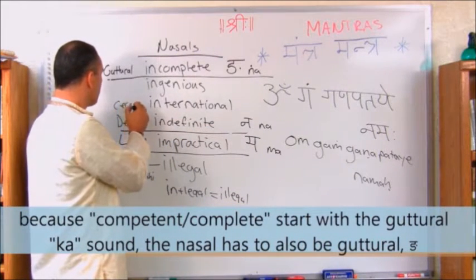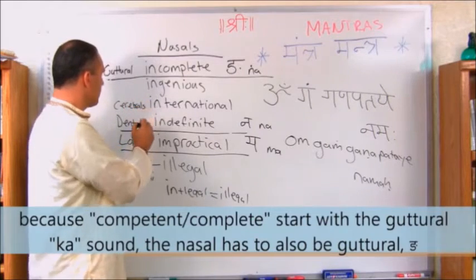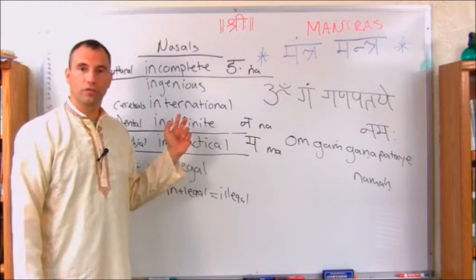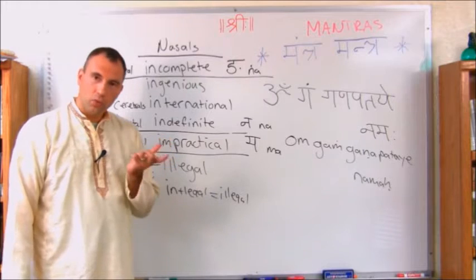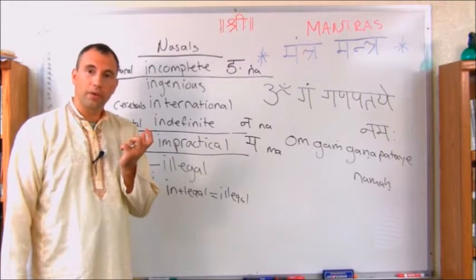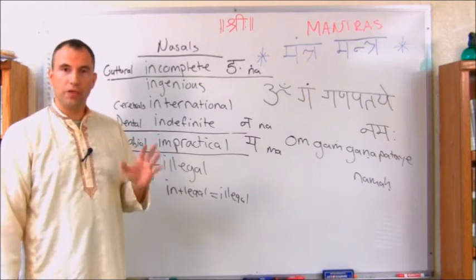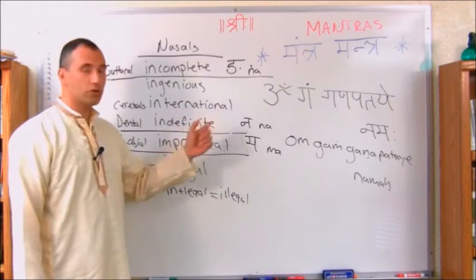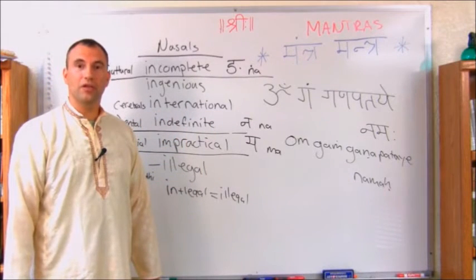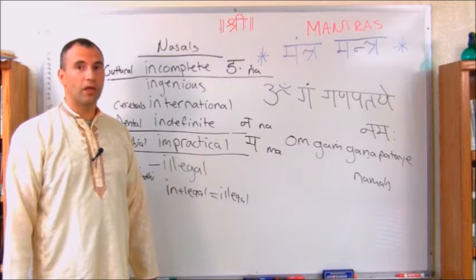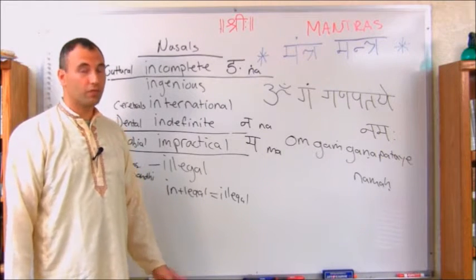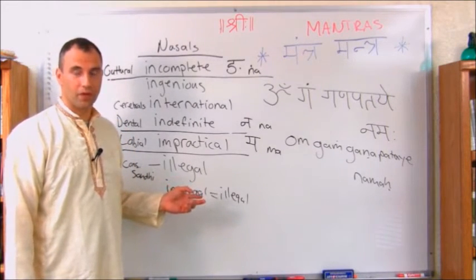And how about in the word international? So these are cerebrals. Now, not everybody says it with the tongue curled up, but this is an approximation in English. International. Notice that international is different from incomplete and different from impractical. All right?